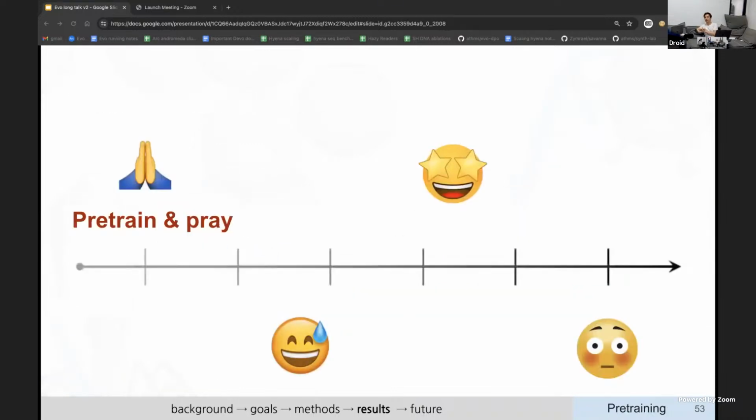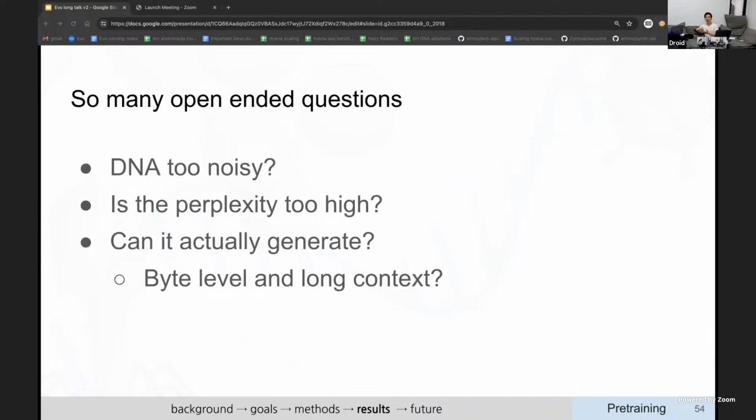Okay, so I talked a lot about the architecture, what we're trying to model, and some of the data. Now I'm going to describe the actual experiments and the training in this timeline of emojis. The first one I call the pre-training and pray stage. I call it this because, even with some scaling laws to show there's an improvement on transformers with newer architectures, there are still a lot of open questions, like, is DNA too noisy of a distribution to actually generate?